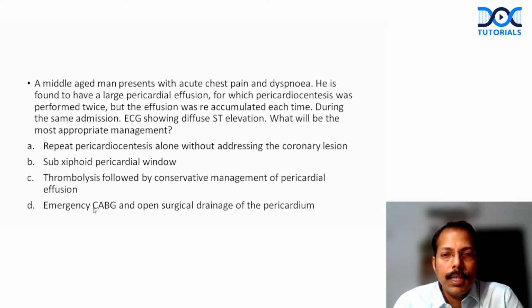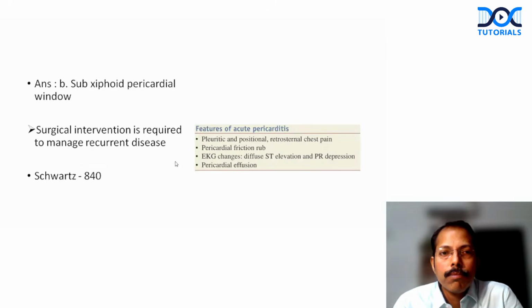Then emergency CABG and open drainage, such a major procedure is not needed in this acute setting. Okay, so the viable option among those given is a subxiphoid pericardial window. So that is the answer. A surgical intervention is required to manage a recurrent disease. It is a typical case of acute pericarditis.